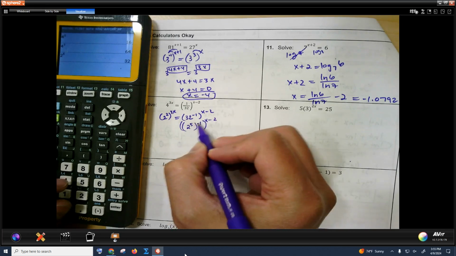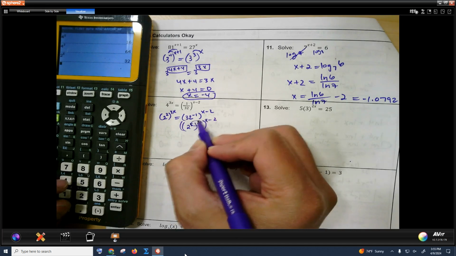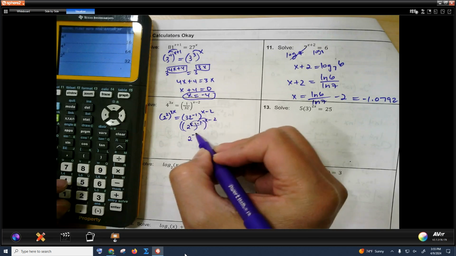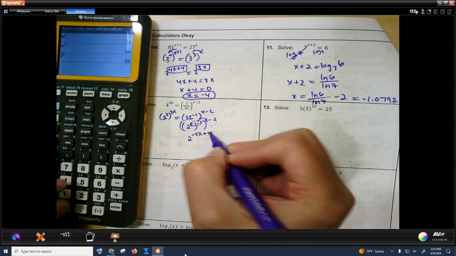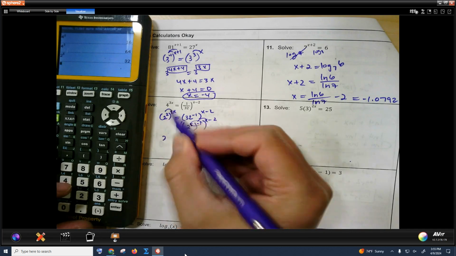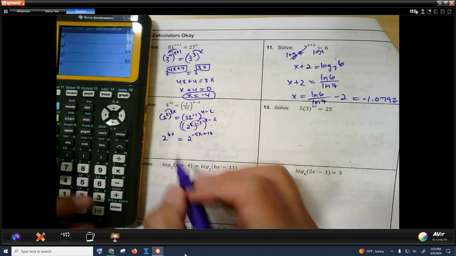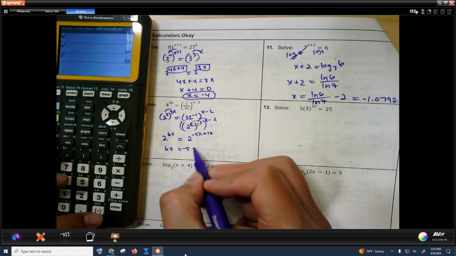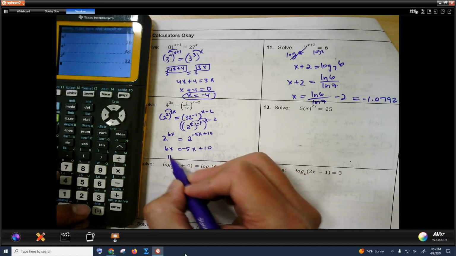So then you can multiply all of these together. That's negative 5 times that. So negative 5x and then positive 10. And now you created common base. So you can set the exponentials equal to each other and solve.